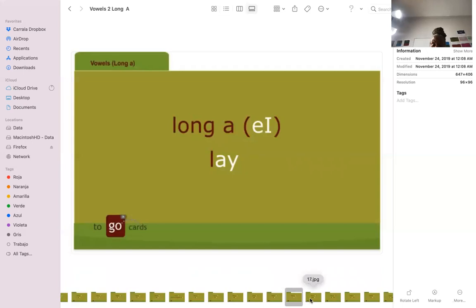Lay. Americans get this mixed up all the time. Lay and lie. When do you say lay? And then when do you say lie? Many, many times, and I have to bite my tongue because I'm an English teacher, I learned this stuff, many times when people should be saying lie, they say lay.